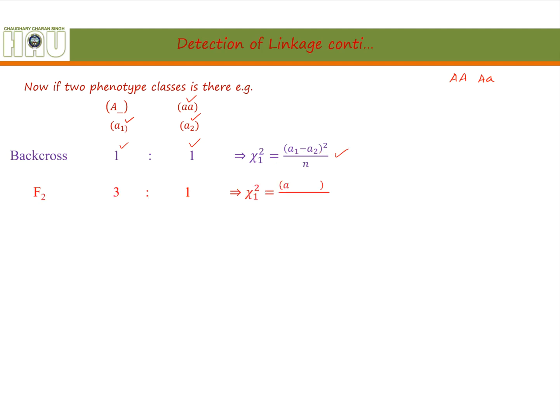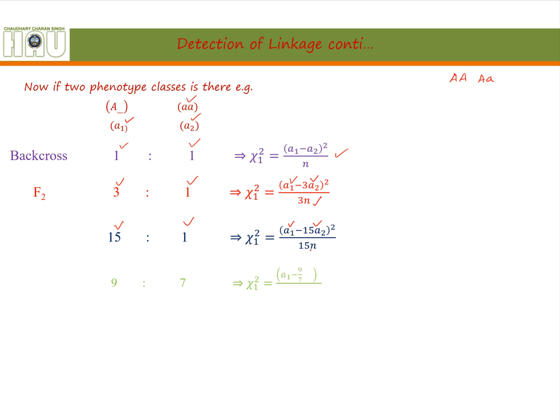In case of F2, the phenotypic ratio is 3 is to 1 and we will use chi-square (A1 minus 3 times A2) whole square divided by 3n. If you are expecting a ratio of 15 is to 1, then chi-square can be computed like this: (A1 minus 15 A2) whole square divided by 15n.